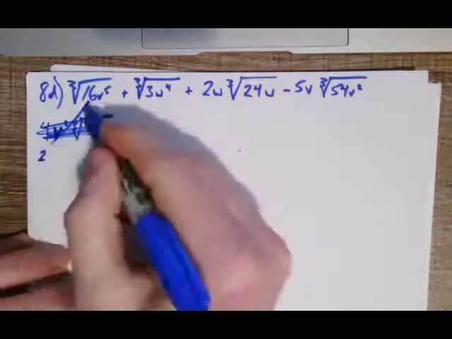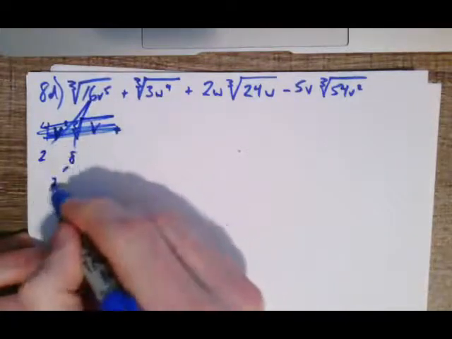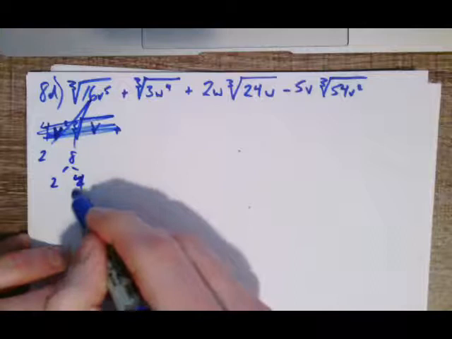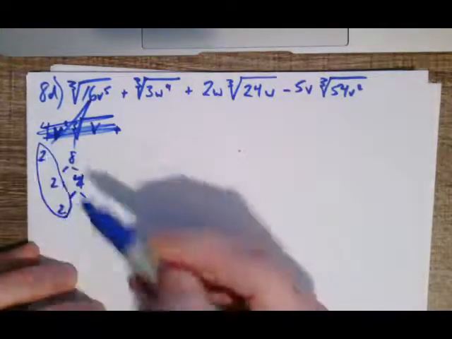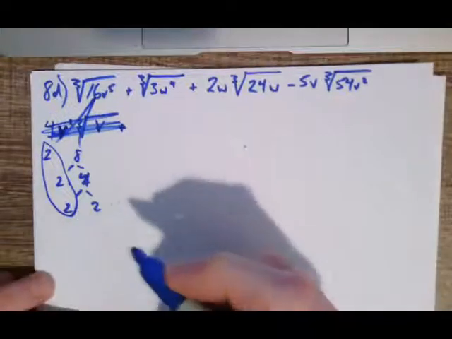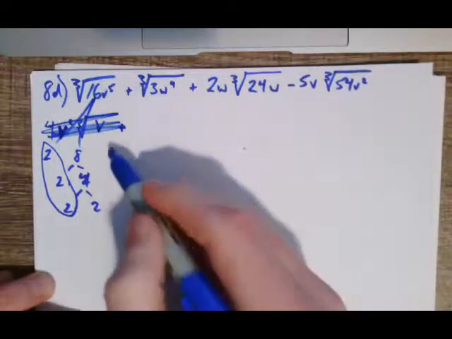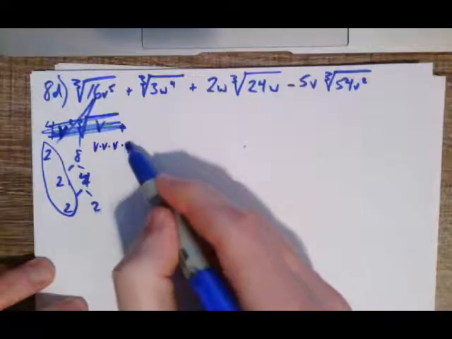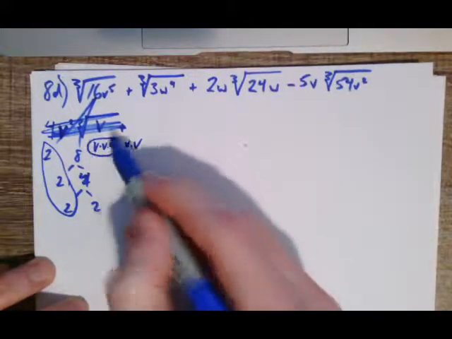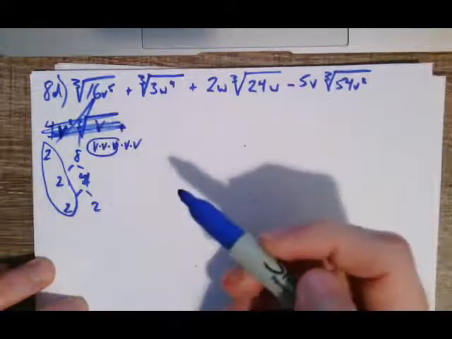Cube roots. 2 times 8, 2 times 4, 2 times 2. Cube roots. That's different. So the v's would be like v times v times v times v times v. So 3 are going to come out, 2 staying behind.